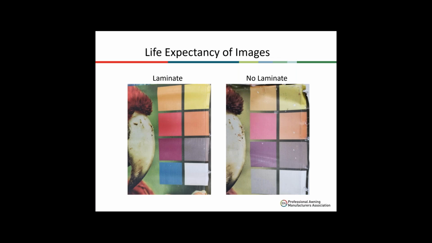And you'll see that the oranges on the left that have the laminate on them are much more orange. Particularly the reds are a lot less pink, right? The purple, and then look at the blue on the bottom. So the blue on the bottom left corner is still a good blue with the overlaminate, and then no laminate on the right-hand side. You can see it's turning gray.